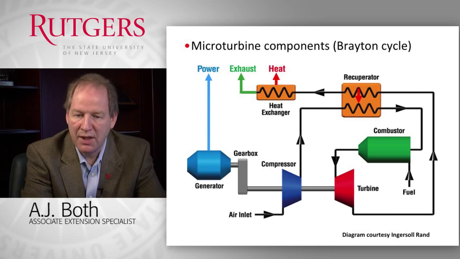Then that compressed and heated air goes into the combustion chamber where the fuel is introduced. It could be natural gas, it could be landfill gas. And then the force of the combustion process drives the turbine. And the turbine is connected to a shaft that runs both the compressor as well as converts the rotational energy through a gearbox into a generator that then generates electricity.